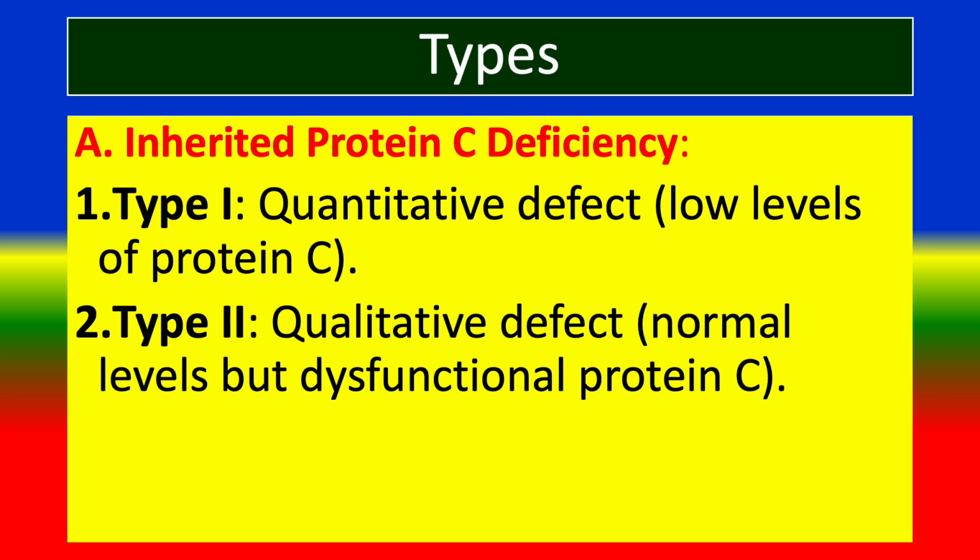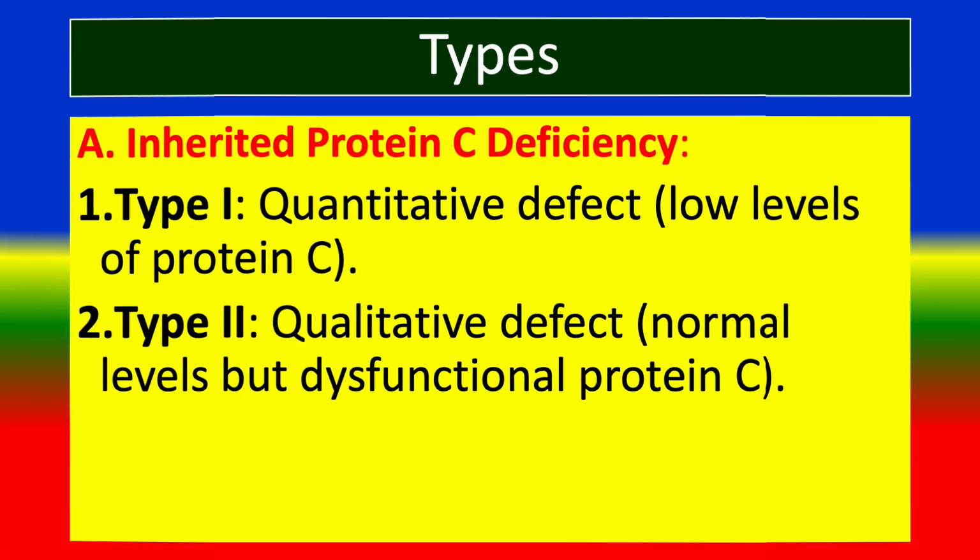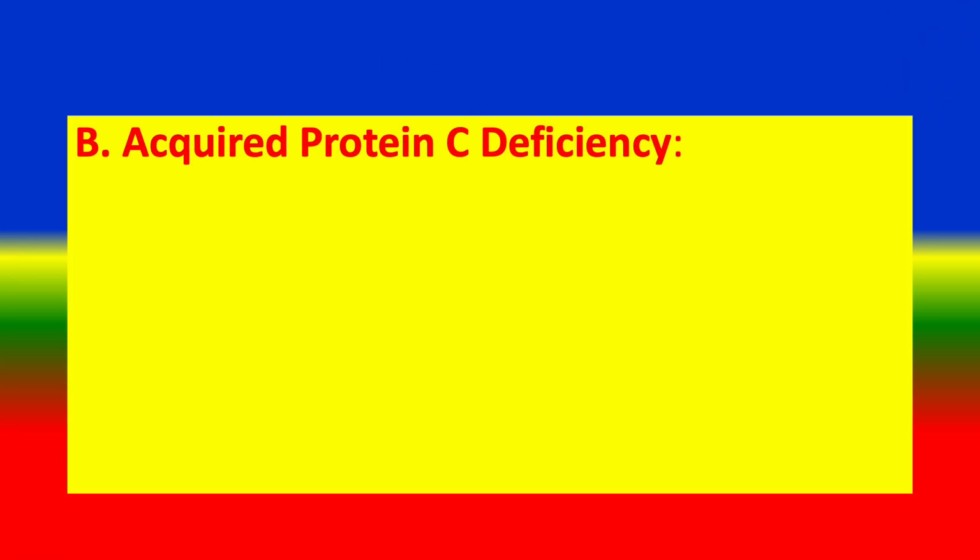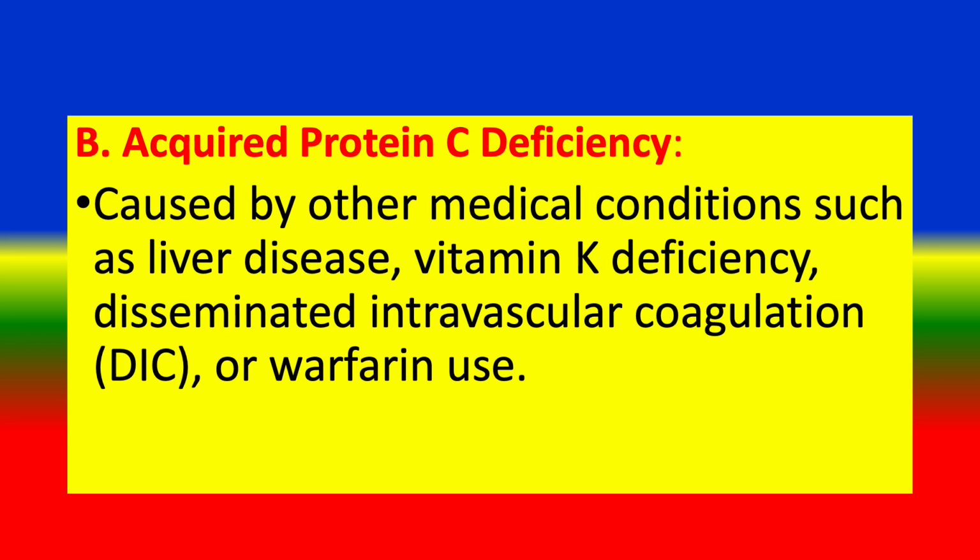Normal levels but dysfunctional protein C. B. Acquired protein C deficiency caused by other medical conditions such as liver disease, vitamin K deficiency, disseminated intravascular coagulation, or warfarin use.